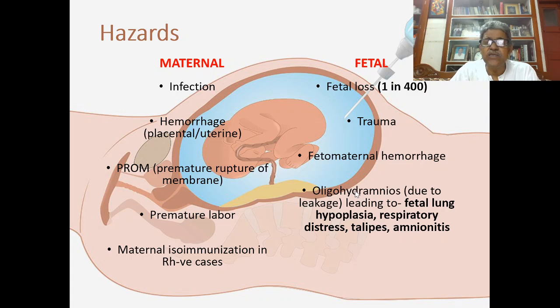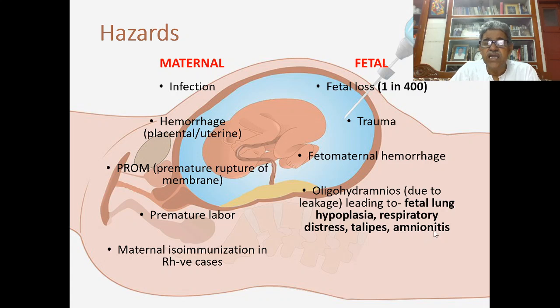Another, oligohydramnios. Oligohydramnios means that due to leakage of amniotic fluid, the intrauterine amniotic pressure may be reduced below normal, which may lead to respiratory problems, fetal lung collapse, hypoplasia, respiratory distress, and talipes. Talipes means a defect in the development of the leg and its bones.